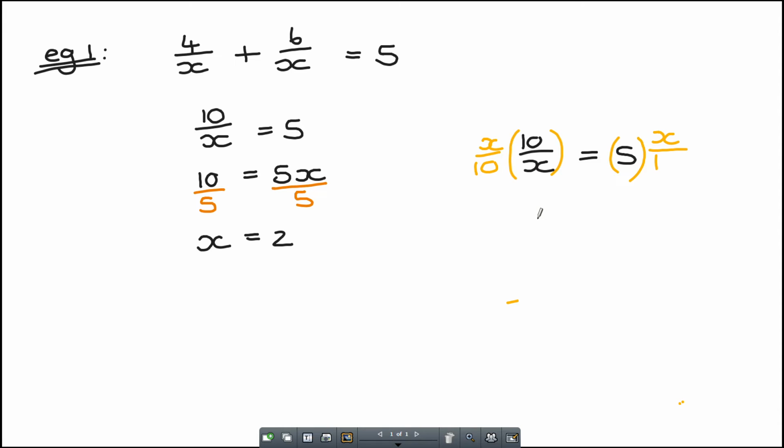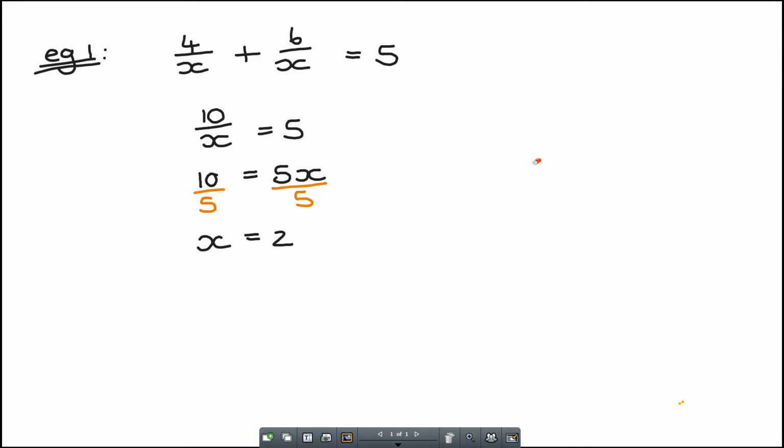Then over here you're going to have 1 is equal to... Did I not write x over 10?